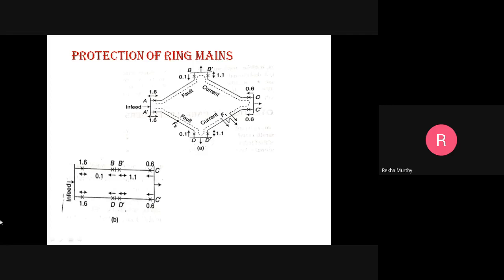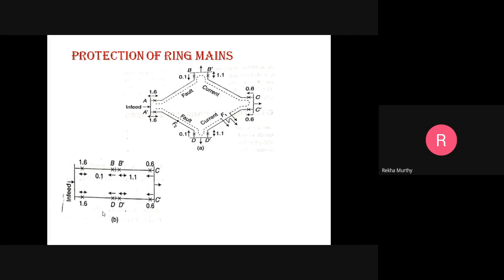And here the diagram which you can see is another way of drawing the same scheme.